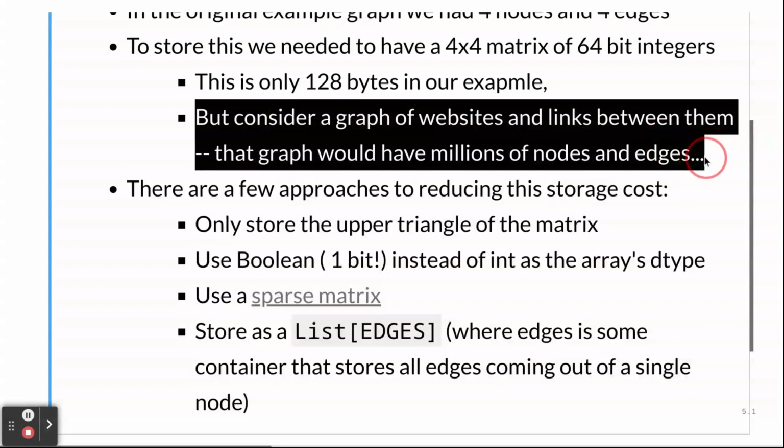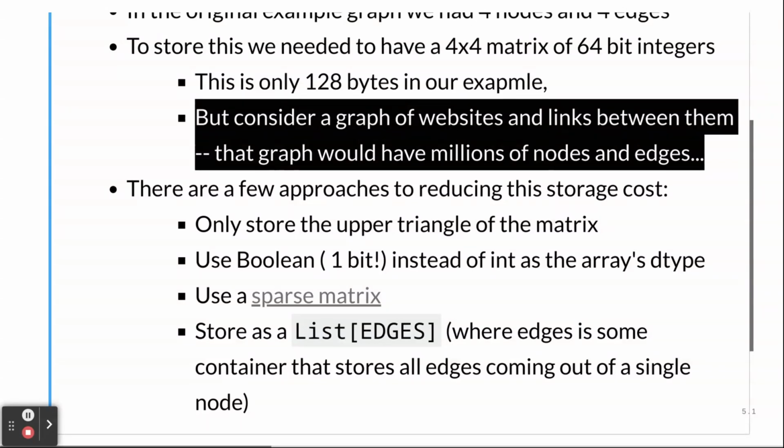Here I proposed another example where each node is a particular website, and there's a connection from one node to the next if there is a link pointing from one site to the other. Here again, we're going to have potentially tens or hundreds of millions of nodes and edges.